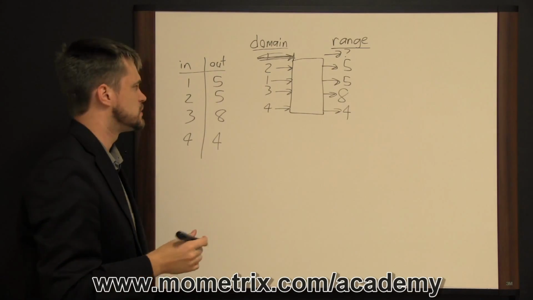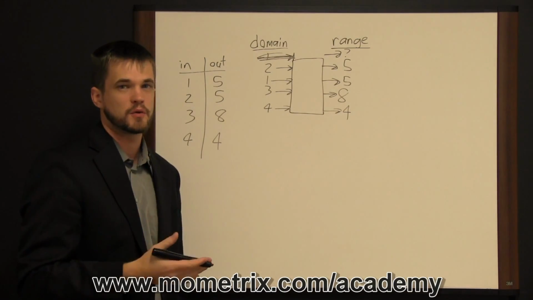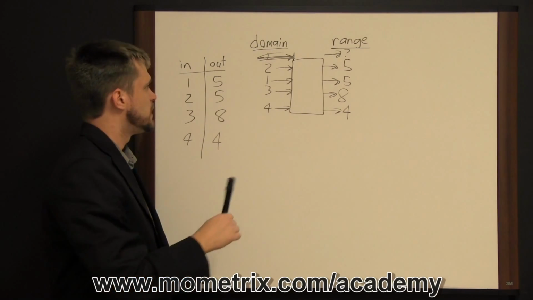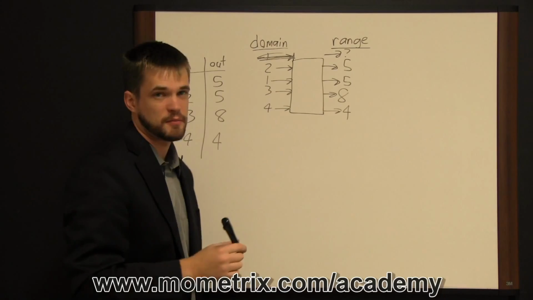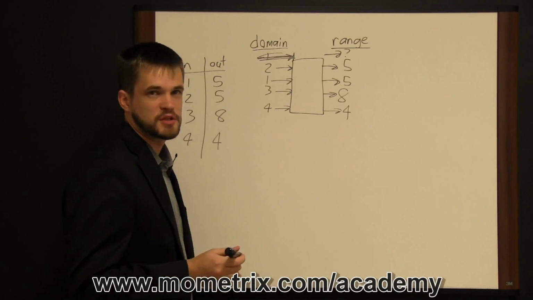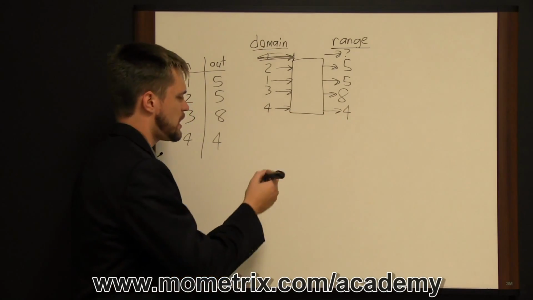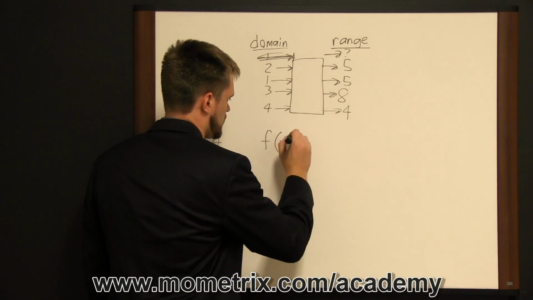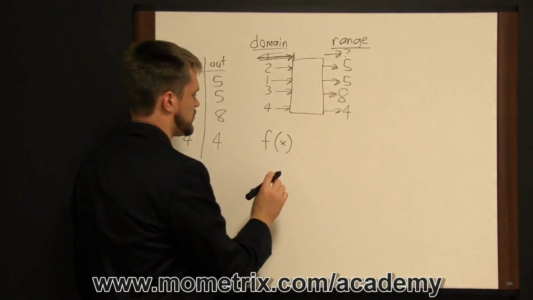The more common way to describe a function, and the way that we're going to focus on as we move forward, is a function defined by a mathematical equation. And the nomenclature we're going to use to describe that is f for the function, and then the input of the function in parentheses.